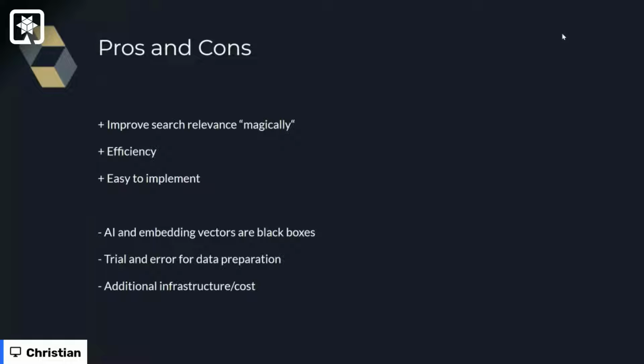But on the other hand, this AI and the embedding vectors, these are black boxes essentially. You cannot make sense of 768 numeric values, right? You don't know what that means. Yeah, good luck debugging that. Exactly. And for data preparation, I have read into that topic a bit, and apparently that's a thing.